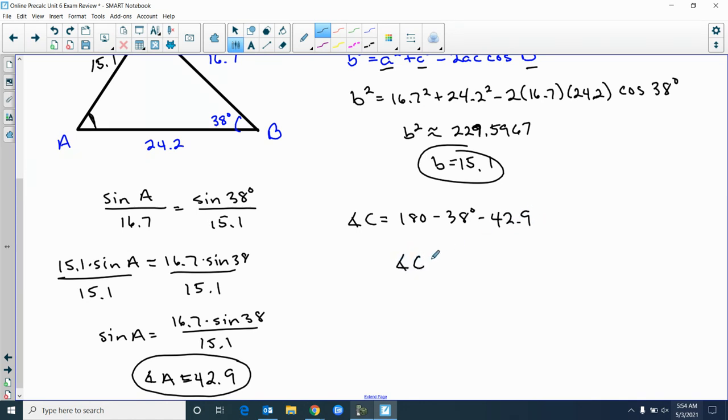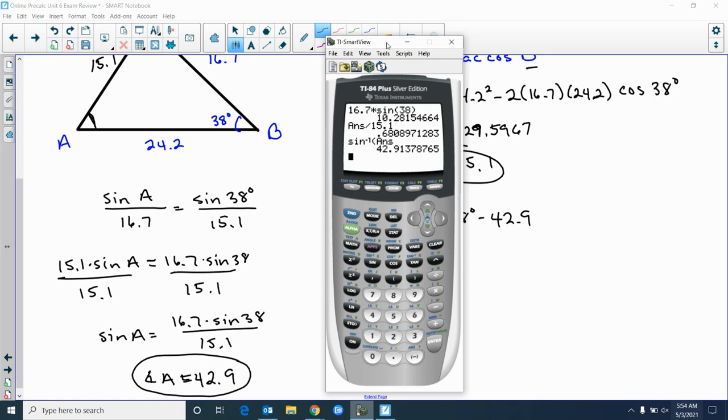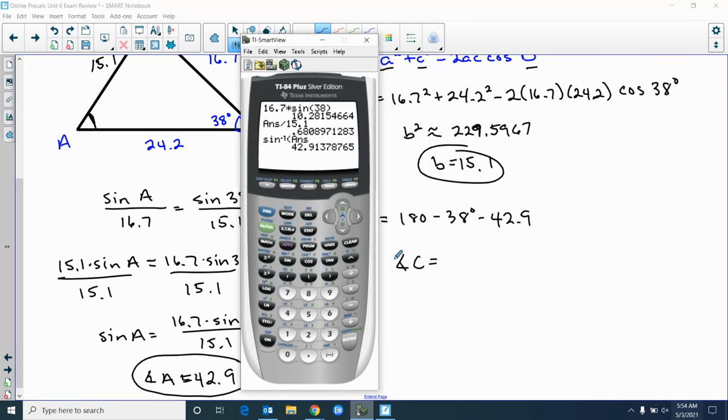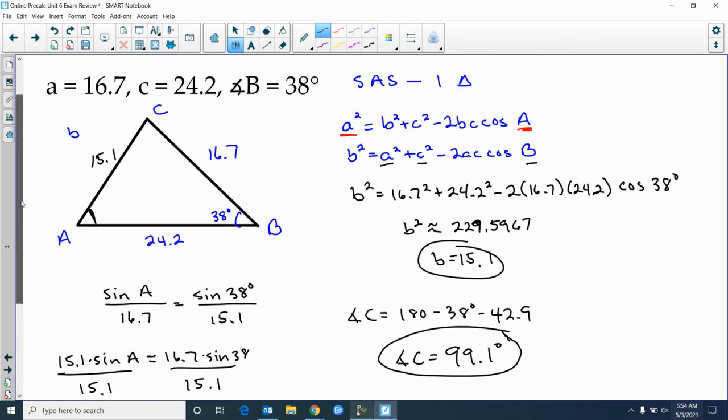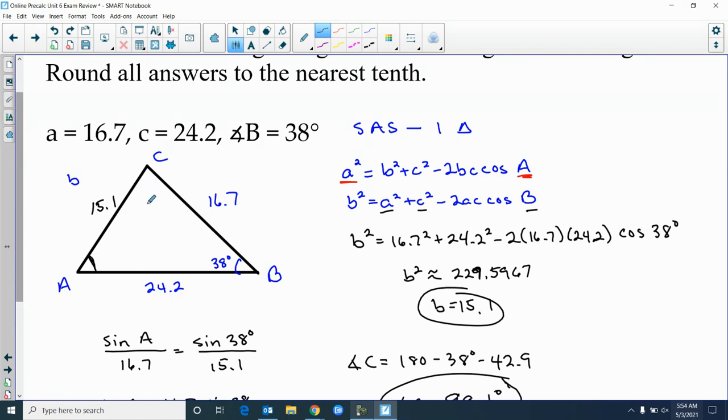So angle C equals 180 minus 38 minus 42.9, which is 99.1. If you would have used the law of sines to try to find angle C, it actually would not have given you that answer. So you have to be careful when you're using the law of sines. It will not give you back an obtuse angle.